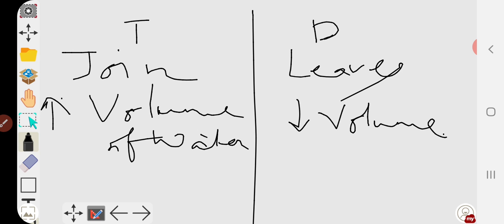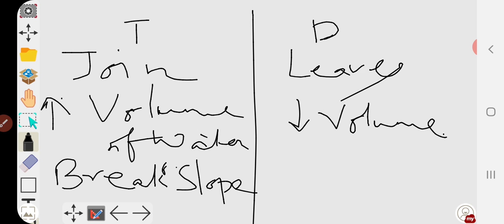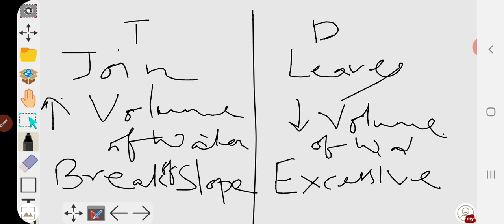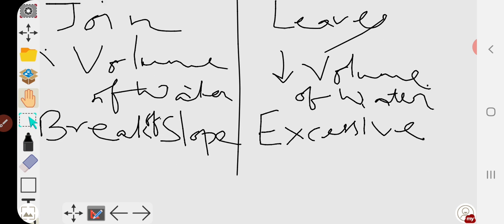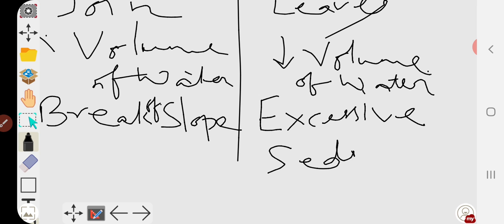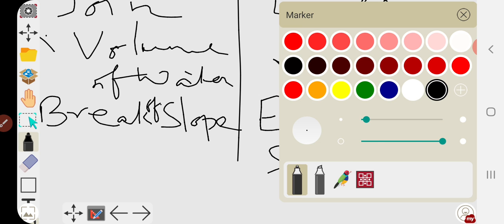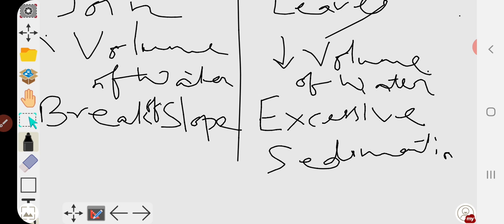They join where there is a break of slope, that means elevated region, and they leave where there is excessive sedimentation. Now in this way you can write the answers.